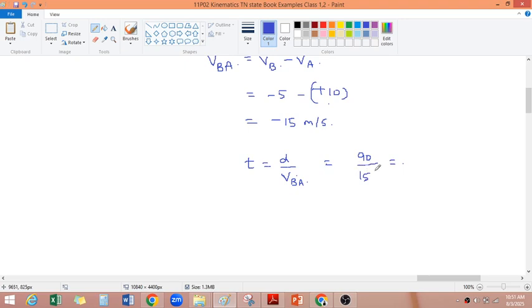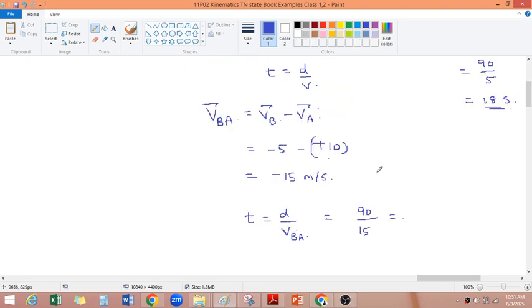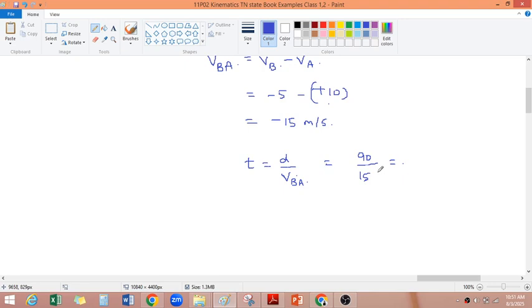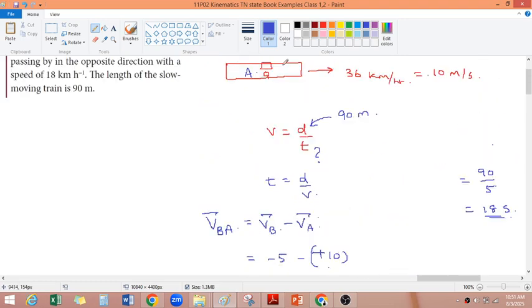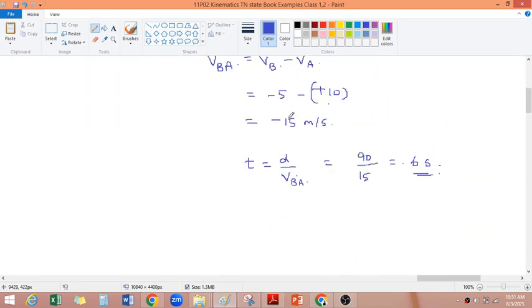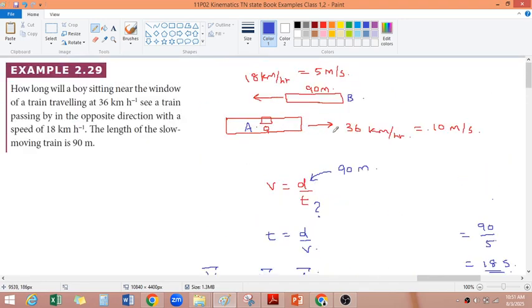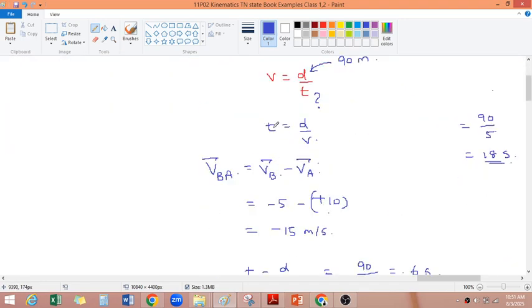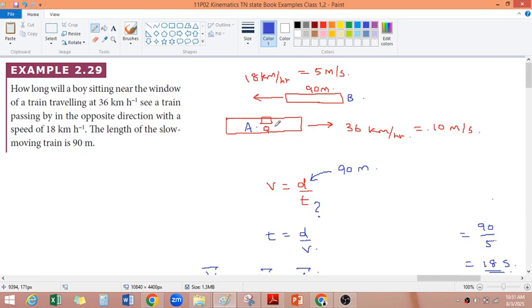So do the cancellation, I will get 18 divided by 3, so it will be 6. Which means if I was sitting on the platform, it will take 18 seconds for the train to cross me. But since now I am moving in the opposite direction, it will take less time because within 6 seconds the train will cross me.